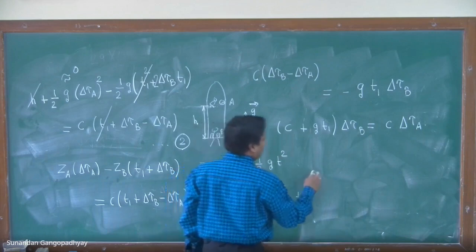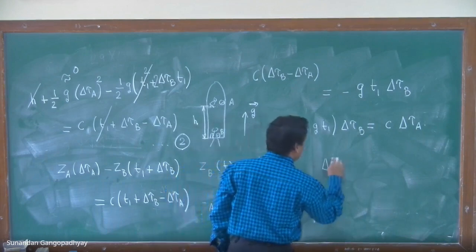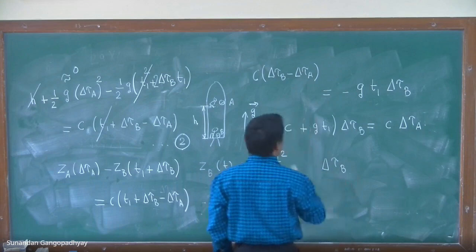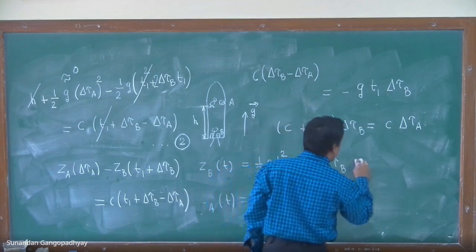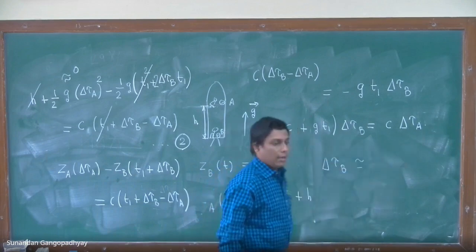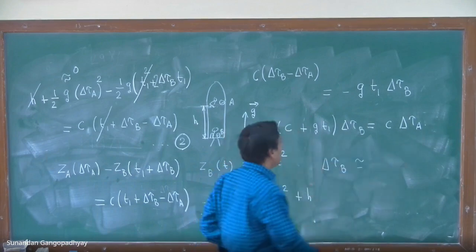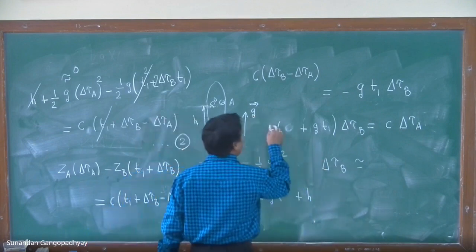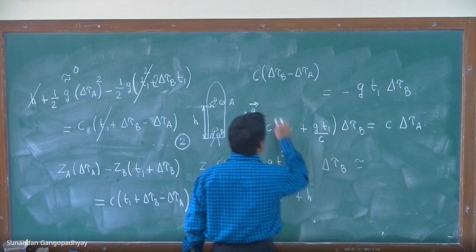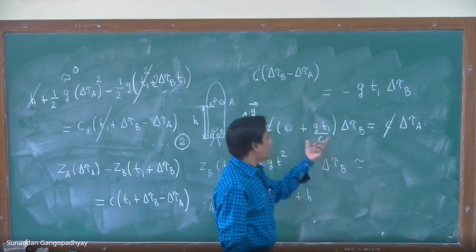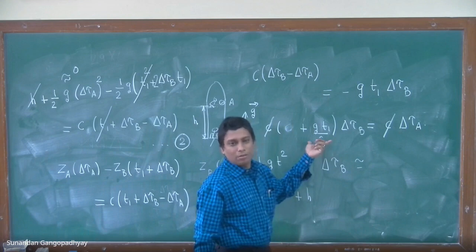And therefore, you will get delta tau v is approximately equal to, because this factor will go down, and then I will make a binomial expansion. So you can take this C outside, C and C cancel. So this factor goes down, and you assume that GT1 by C is small.